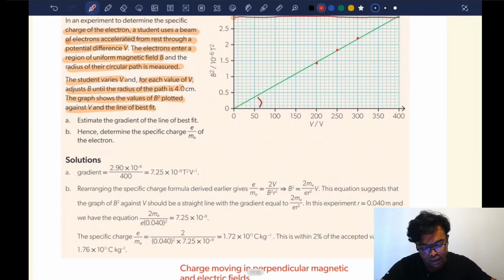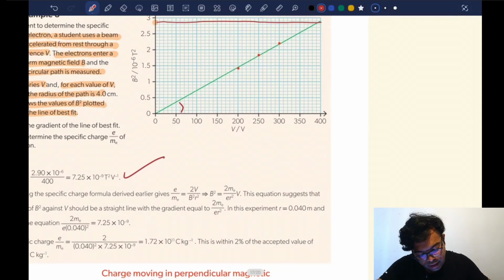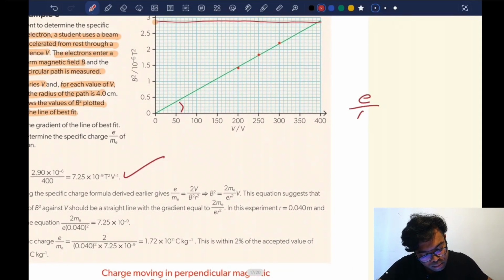So it's coming out to be this value, 7.25 into 10 to the power minus 9 Tesla squared per volt. Now, hence determine the specific charge E upon m of the electron. So E upon m value is how much? We know that E upon mass of an electron is equal to 2V upon B squared R squared.